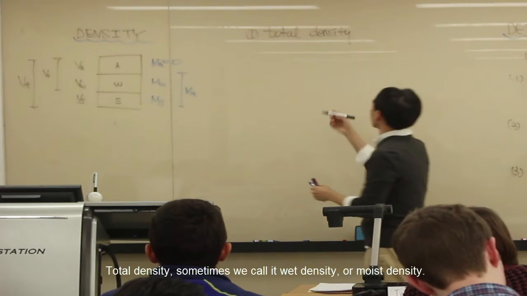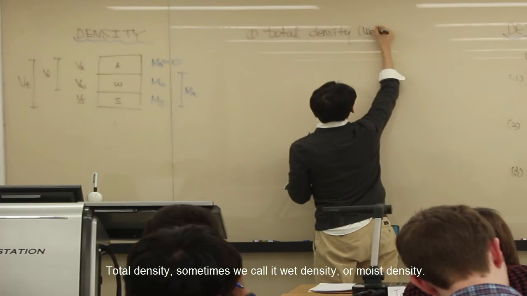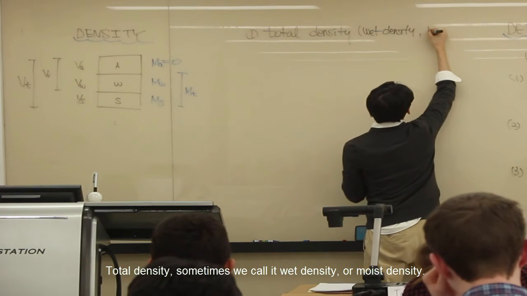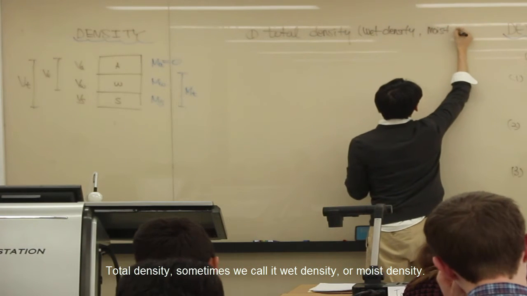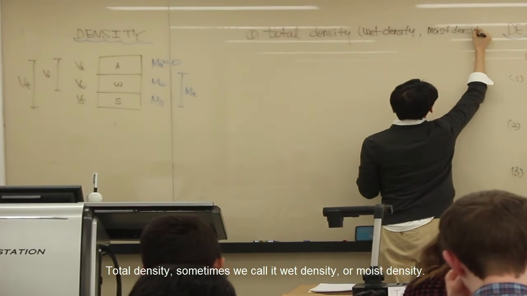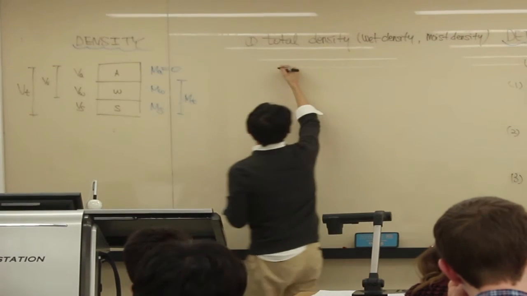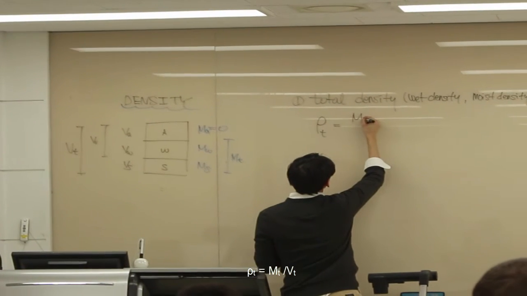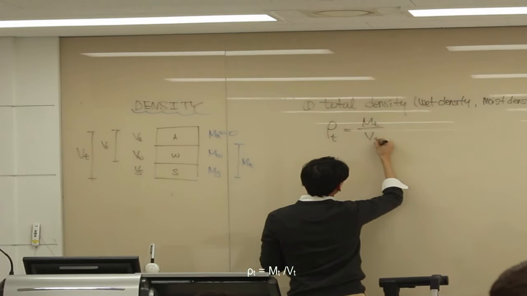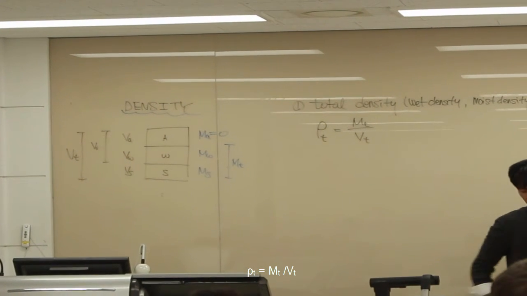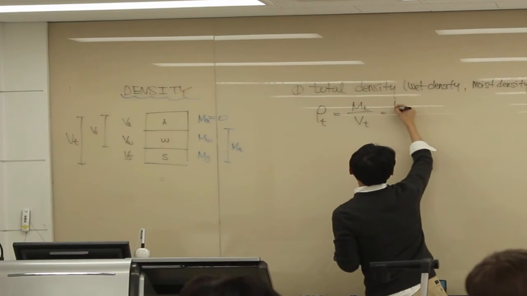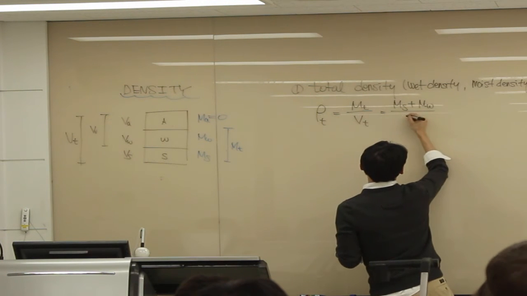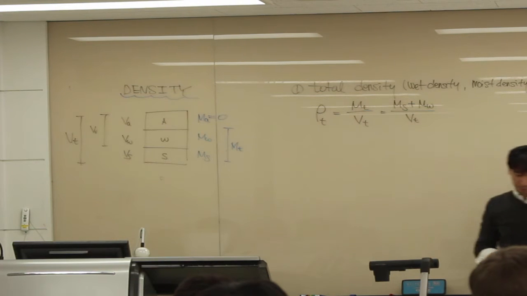The total density is sometimes called wet density or moist density. This is rho T, the total mass over total volume. So this is solid mass plus water mass over total volume.